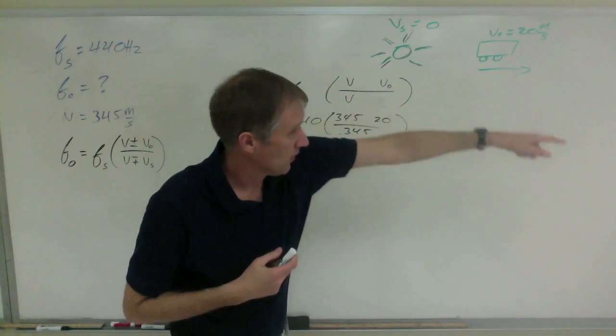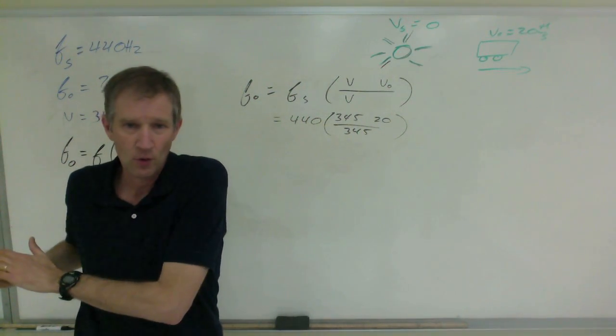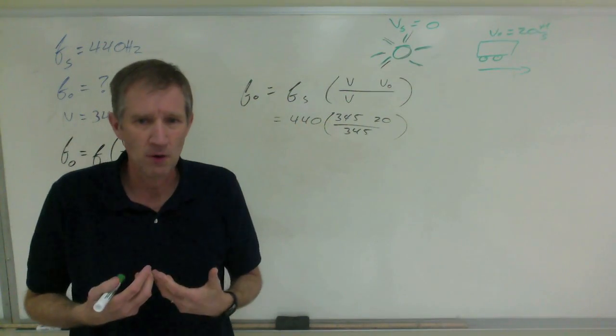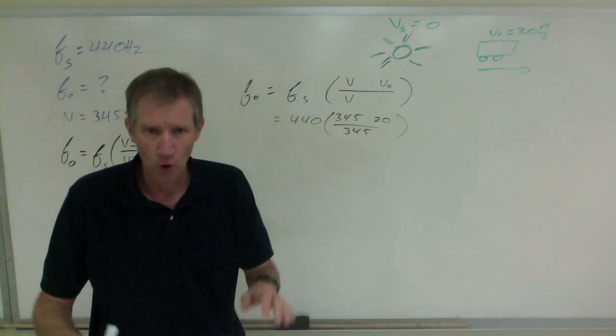The observer's going away. You know when you get further away from the sound source, when you're in the process of getting further away, this all has to do with what's called relative motion. When your relative motion is such that you're getting further away from each other, you'll hear a lower pitch.